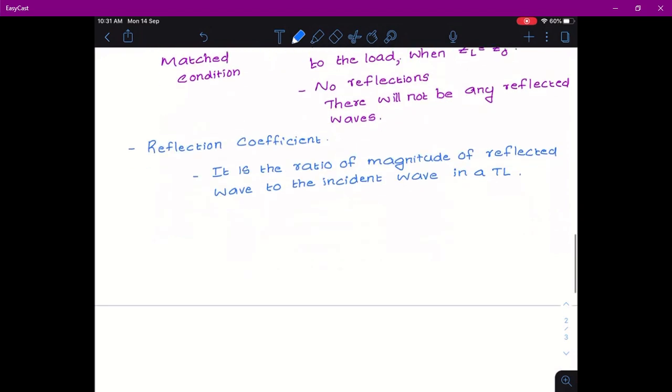So, what do you mean by that? So, in any transmission line, if it is not matched, there will be a forward travelling wave and a reverse travelling wave.